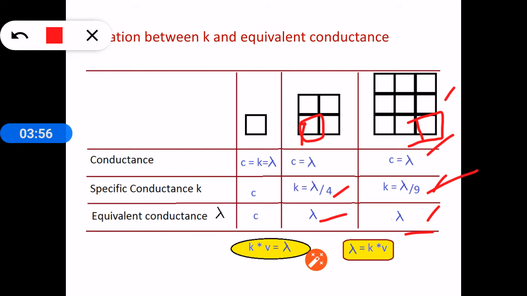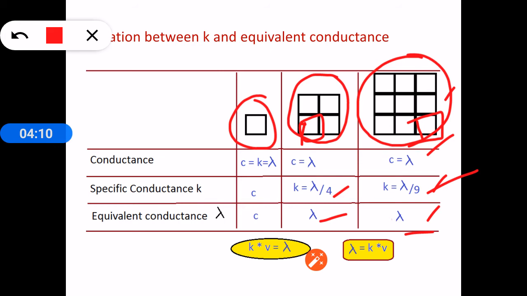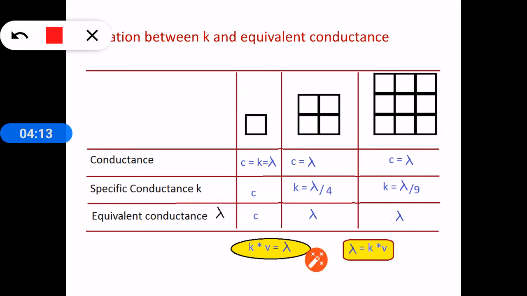So by theory, equivalent conductance is constant with dilution, whereas specific conductance decreases with dilution.